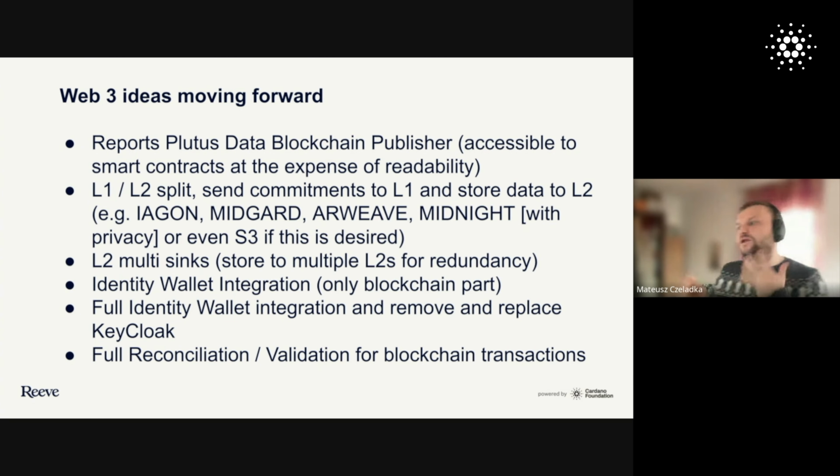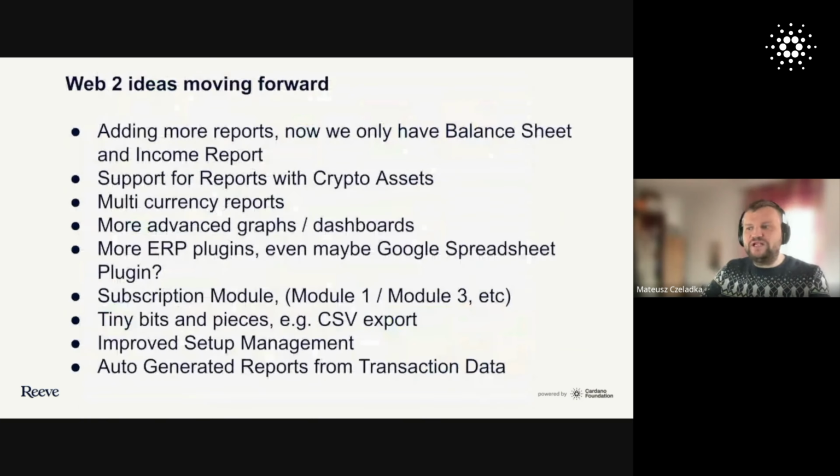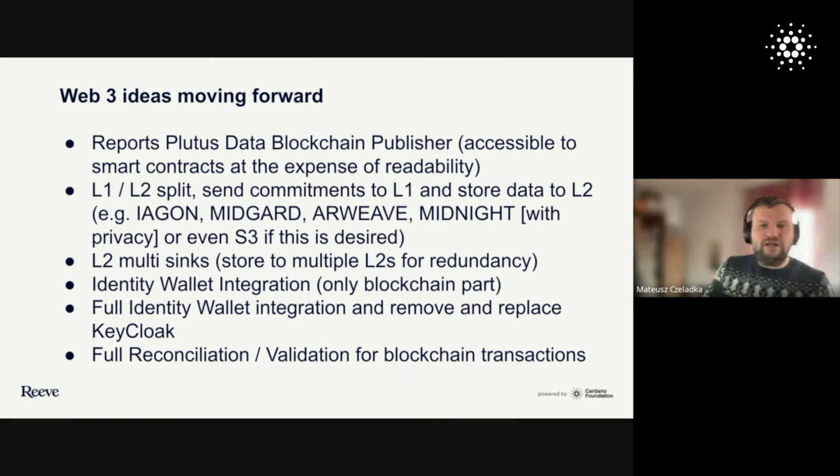Now, the blockchain integration part with the identity wallet would be a good beginning, but the team has also been discussing, why not go big? Why not replace Keycloak authentication completely, 100%, and replace it with the identity wallet? That's much more ambitious, obviously, but definitely possible. And you could authorize certain operations that you are doing on your identity wallet, on your DID, right?